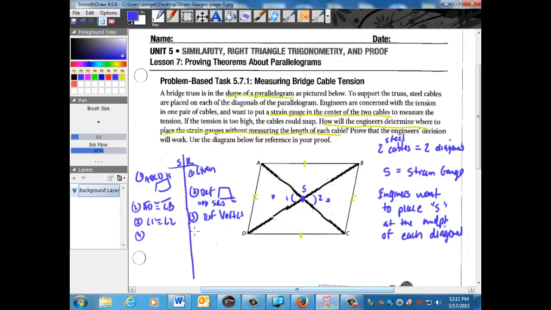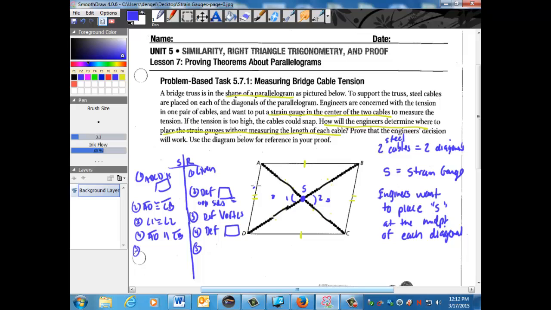All right, statement 4. So now I have a side and an angle, a side and an angle. Let's say that segment AD is parallel to segment CB. And that's also going to be definition of a parallelogram. Okay, 5.